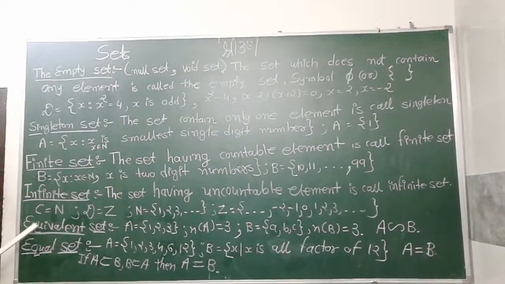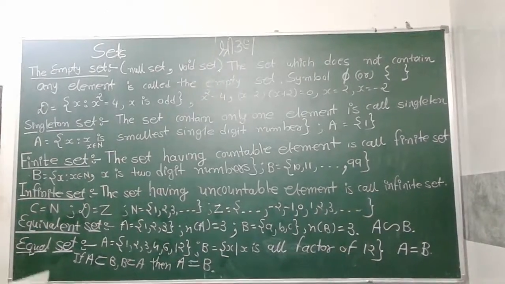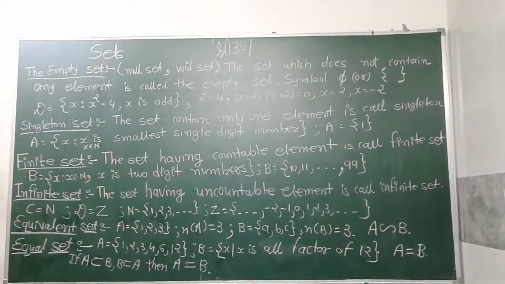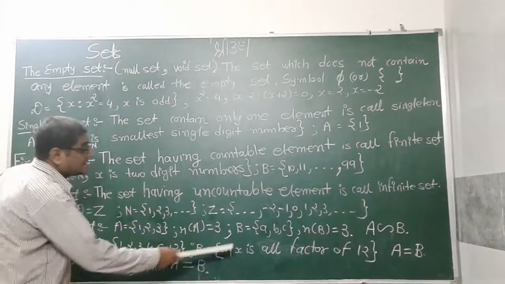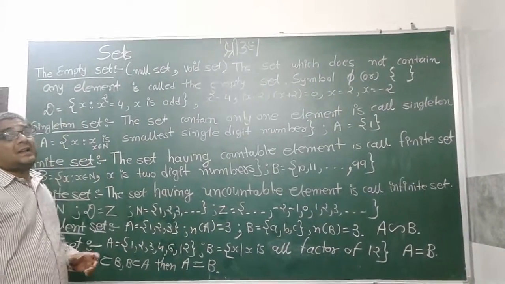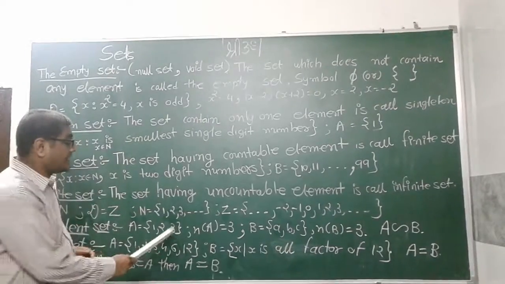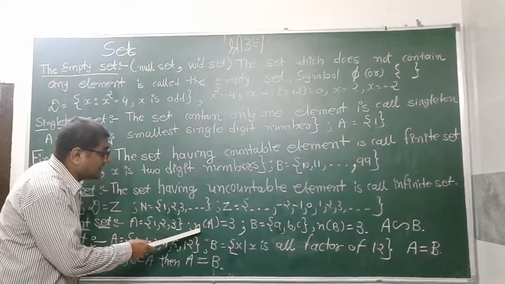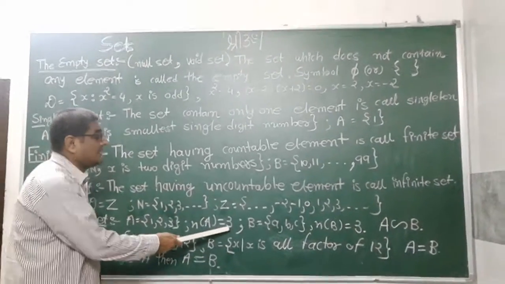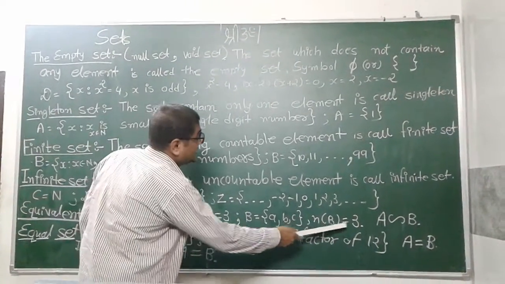Now, equivalent set. This is a most important definition. Here we take, for example, set A and set B. Set A and set B have different elements, but the number of elements in set A is 3 and the number of elements in set B is 3.